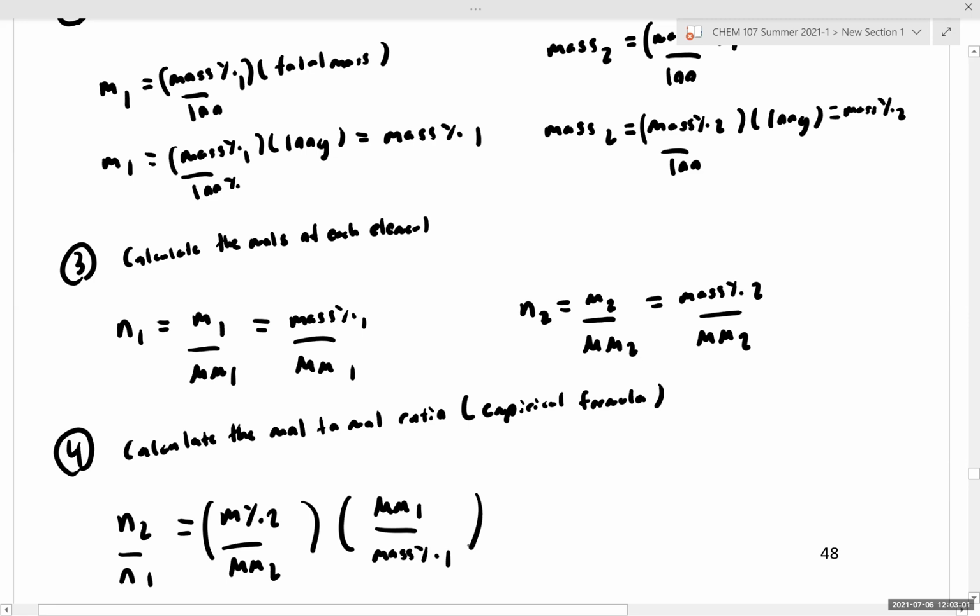So you're welcome to either use the equation method or the stepwise algebraic method. Both methods are valid, and it's really up to your personal preference which method you find most useful.